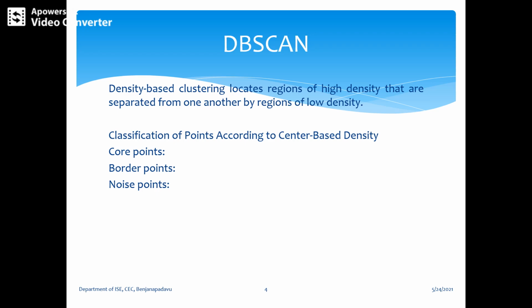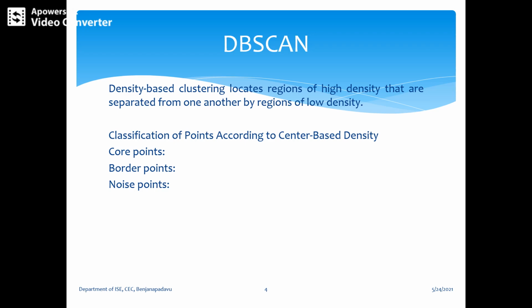The technique is illustrated diagrammatically. Within the radius of Eps of the point, assume it is point A, we count A itself. This method is simple to implement, but the density of the point will depend on the specified radius.